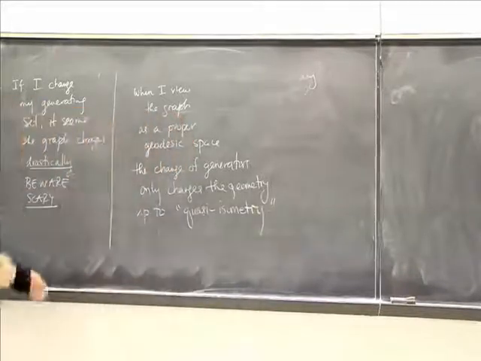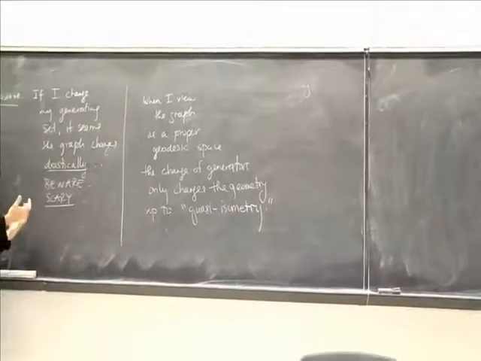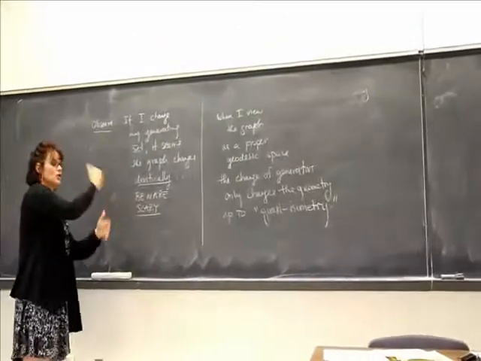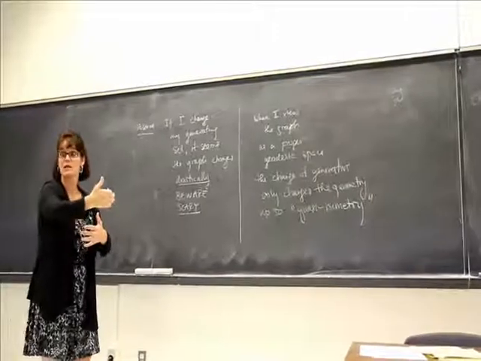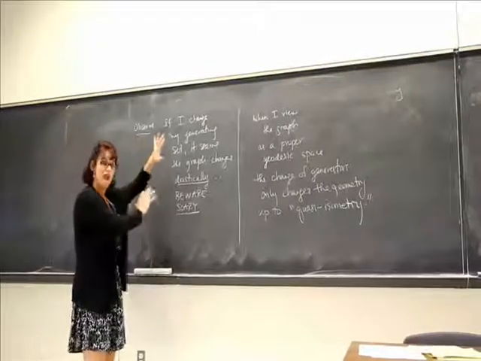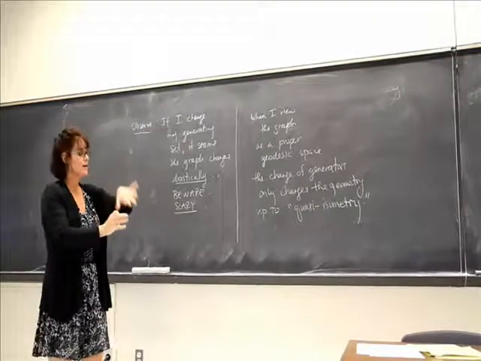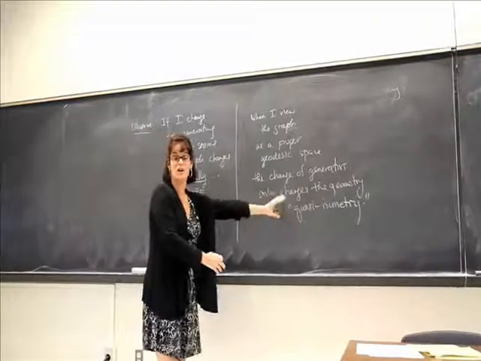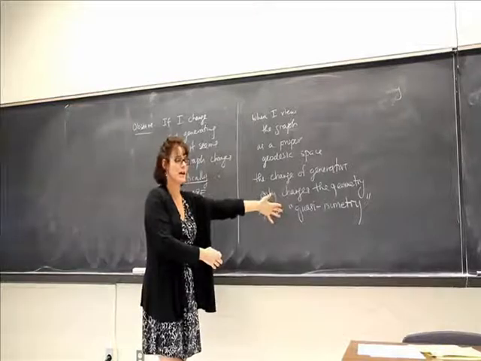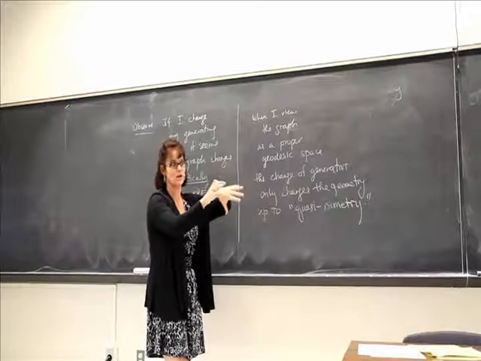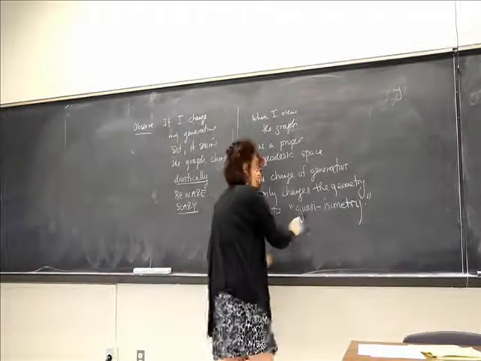If I've built a metric space from a generating set, when I change the generating set, I get a different metric space. So instead of thinking about changing the graph, think about changing to a different metric space. But it's not that big of a change. It only changes up to quasi-isometry. So that's a little bit like isometry with some linear distortion. That's all it is.